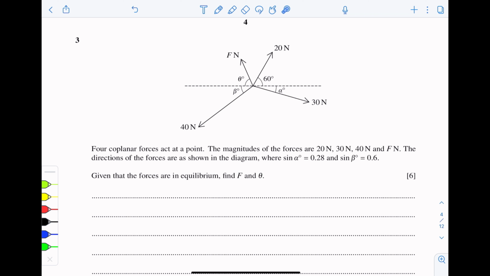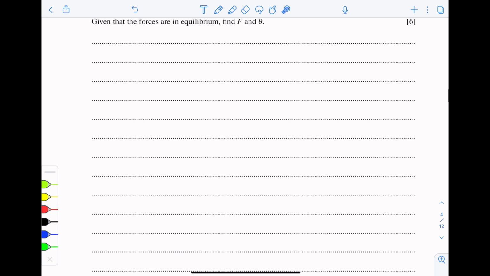Since the forces are in equilibrium, we will use the concept that the sum of forces along the x direction is 0 and the sum of forces along the y direction is 0. So from these two equations we can find the value of F and theta. So first we make the diagram here again.